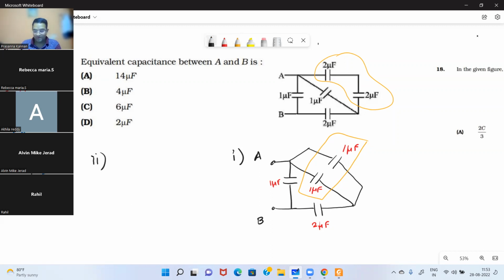So 1 microfarad and 1 microfarad in parallel gives you 2 microfarad. So this is a 1 microfarad here, and this 1 and 1 have become 2 microfarad, and here you have a 2 microfarad.